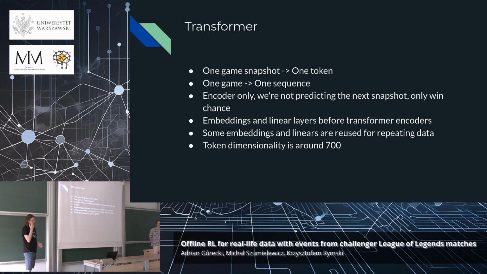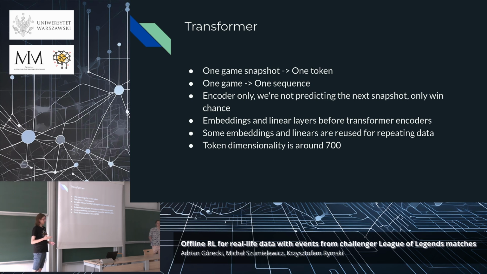We only tried an encoder, because we didn't try to predict next snapshots. We only wanted to have an internal value for the performance or the win chance. Also, before our data reached the transformer layers, we did some embeddings.